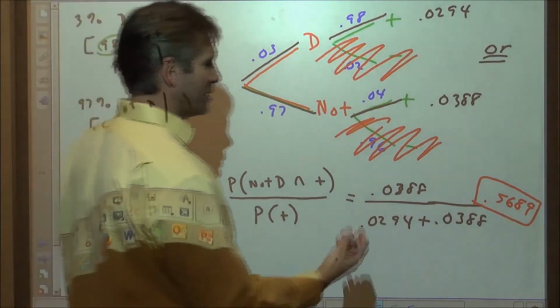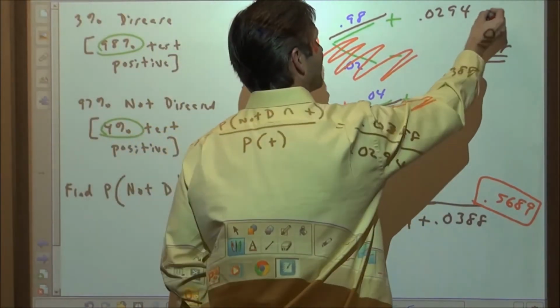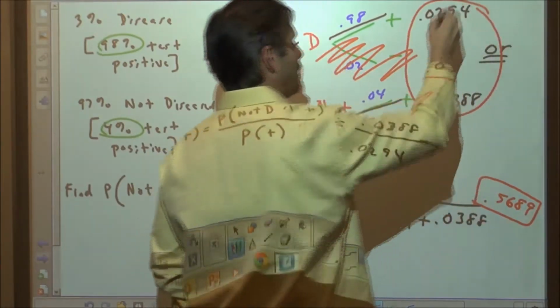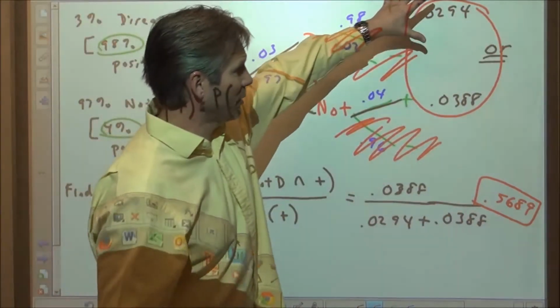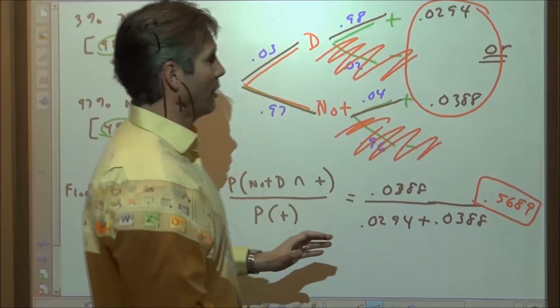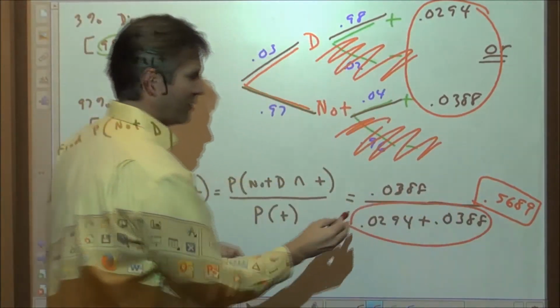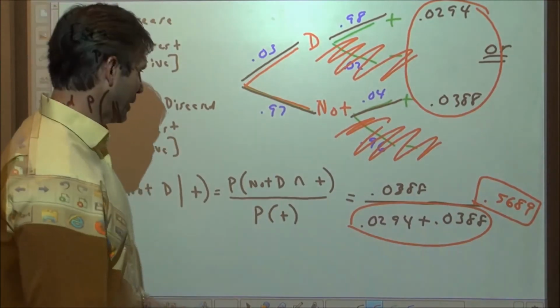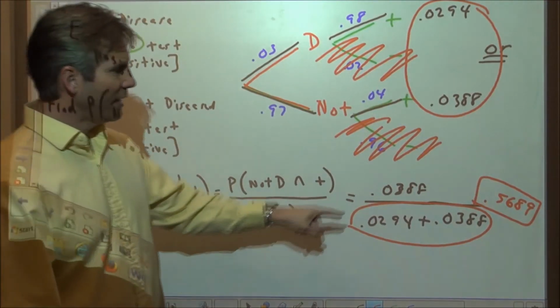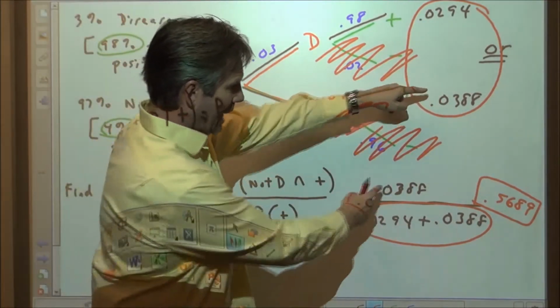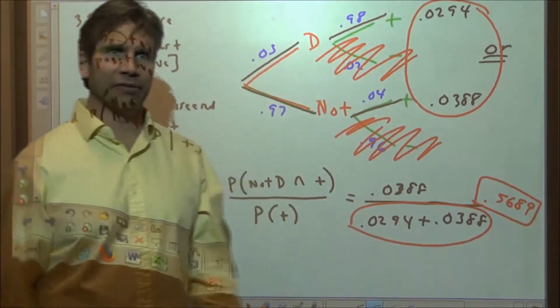So the sample space shrinks down to just these people here, this 2.9% and this 3.9% roughly. Out of that total sample space that's left, what's the probability that they don't have the disease? That would be these people out of the sample space that's left.